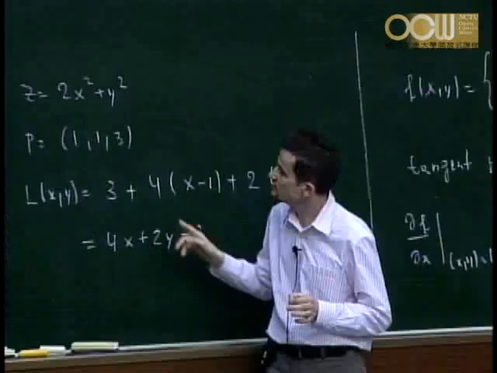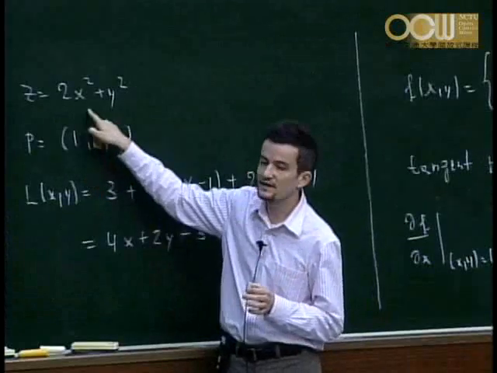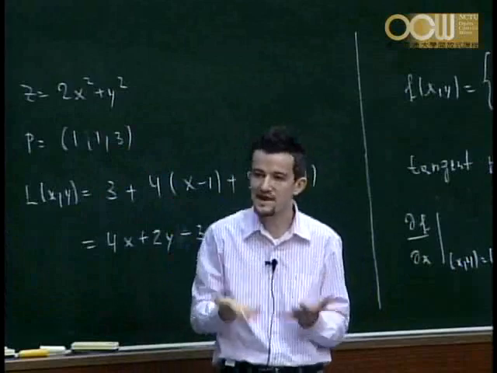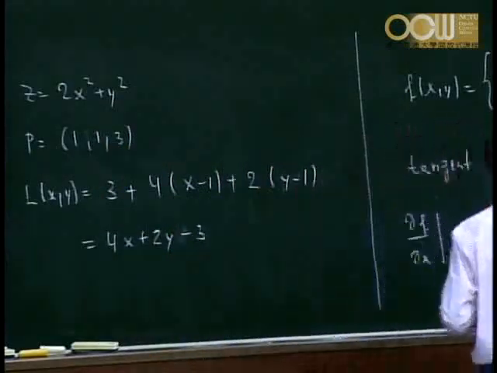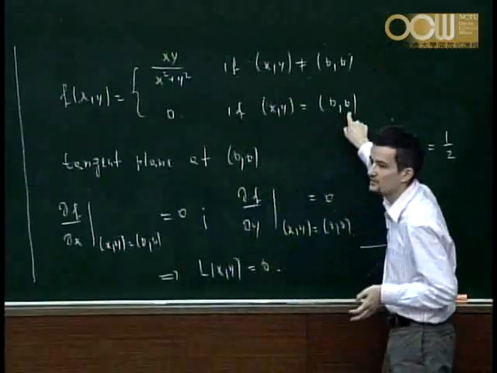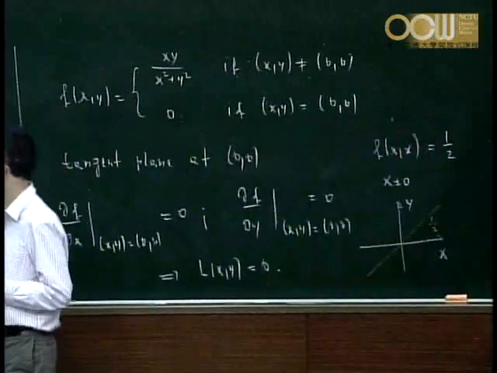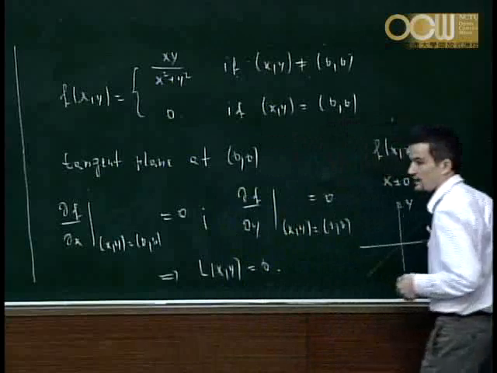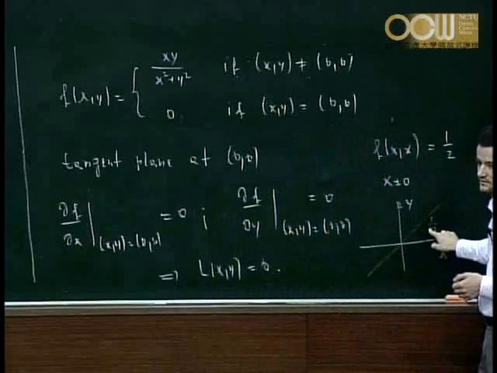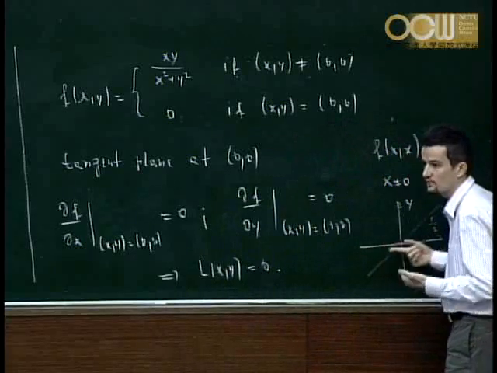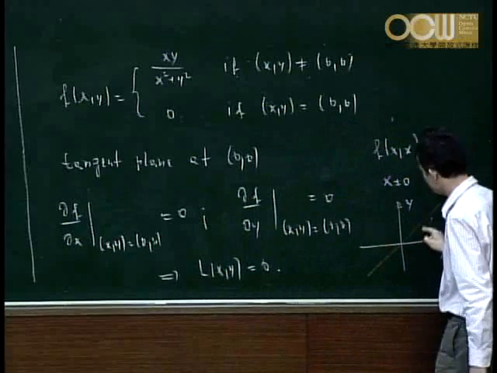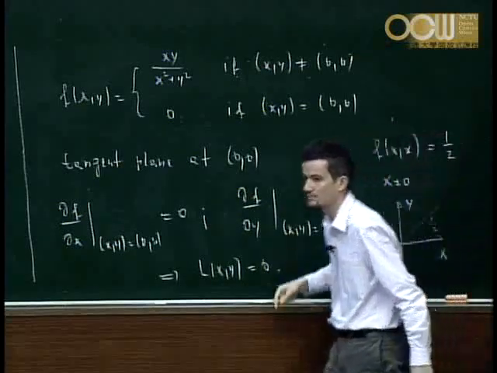Here, as you move into the point (1, 1), this function will look more and more like a plane. But here, as you move into the point (0, 0), this function will not look more and more like a plane, because here you have always 1/2, but if you approach here, always 0. So this function locally does not look like a plane.